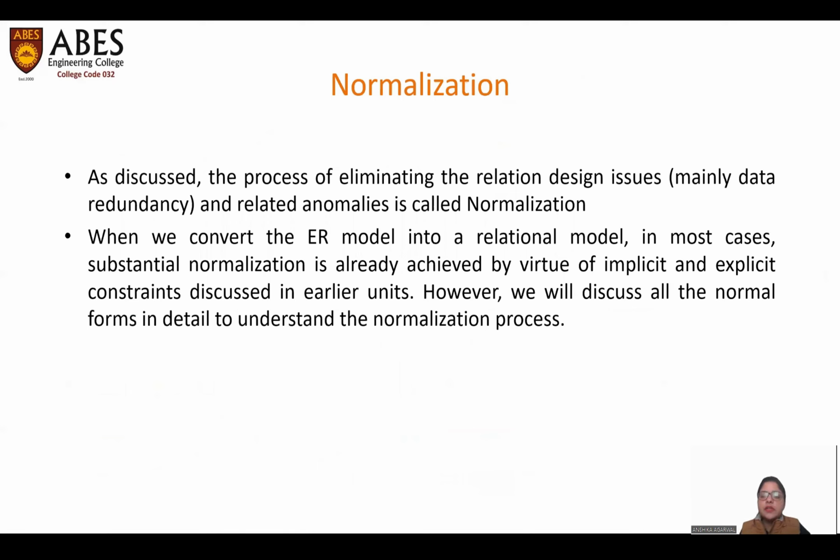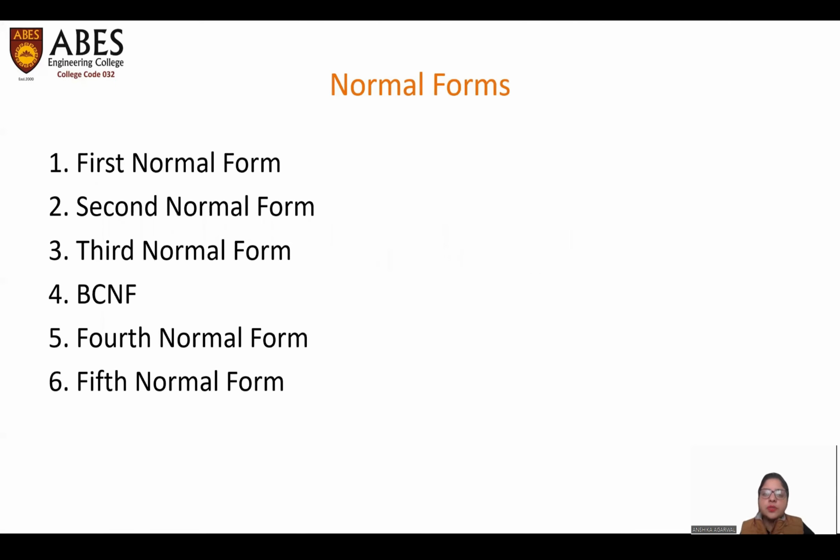And when we convert the ER model into the relational model, in most cases substantial normalization is already achieved by virtue of implicit and explicit constraints discussed in earlier units. However, we will discuss all the normal forms in detail to understand the normalization process.